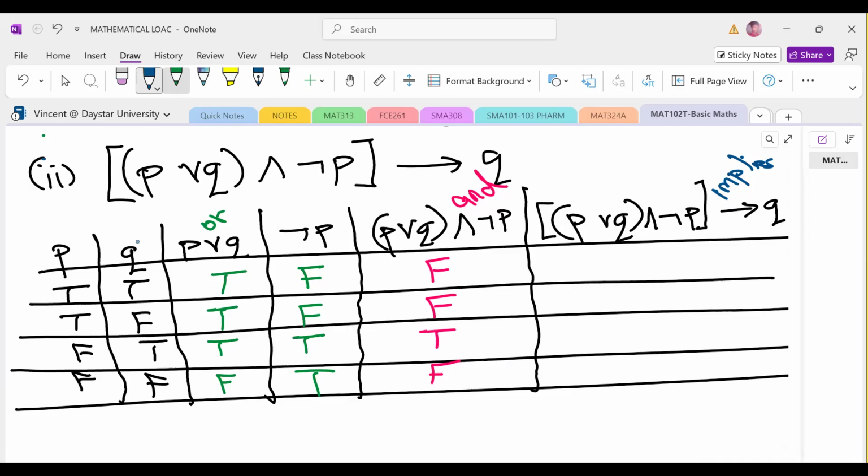The first step is to look for how to fix what? How to fix false, okay?